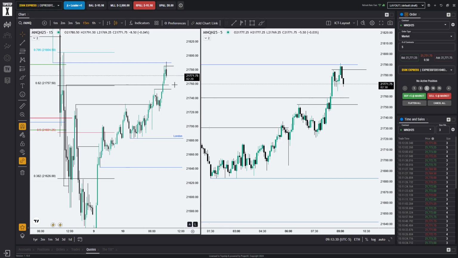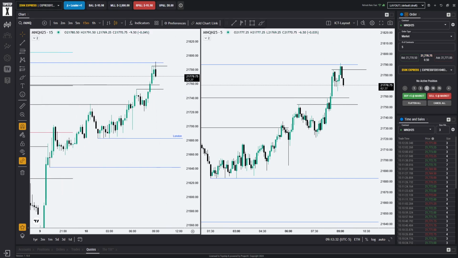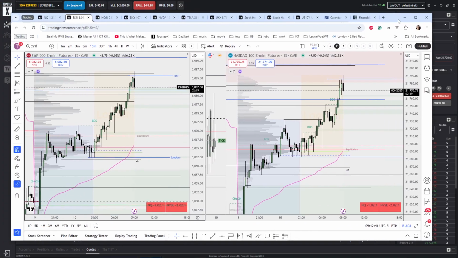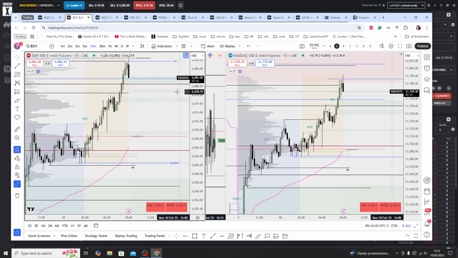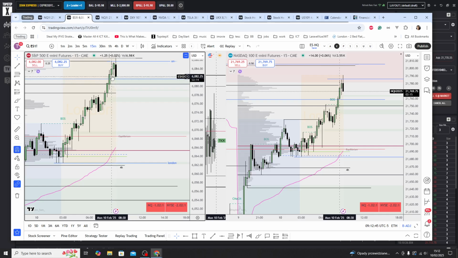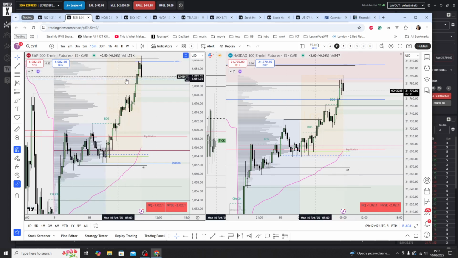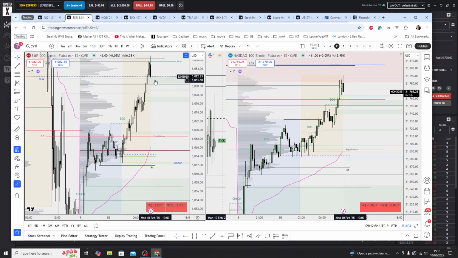But so far, ES has collected liquidity from half an hour. That's 15 minutes. Let's see if it's going to reverse now. NQ's a little bit behind.